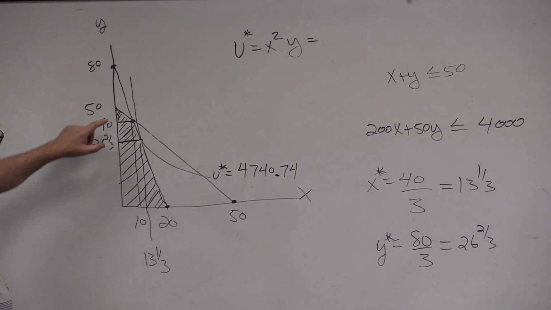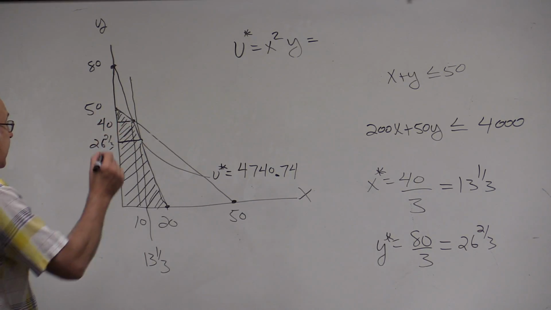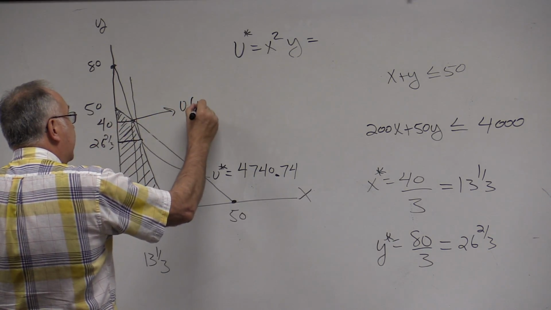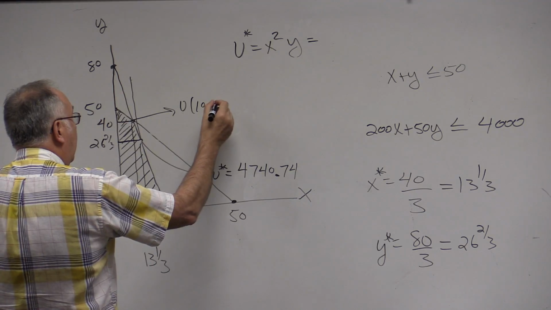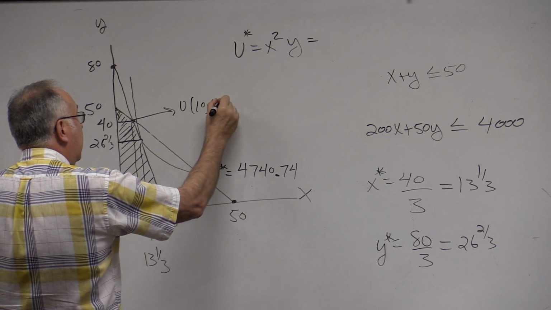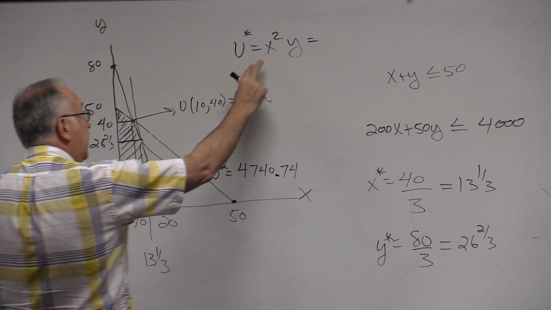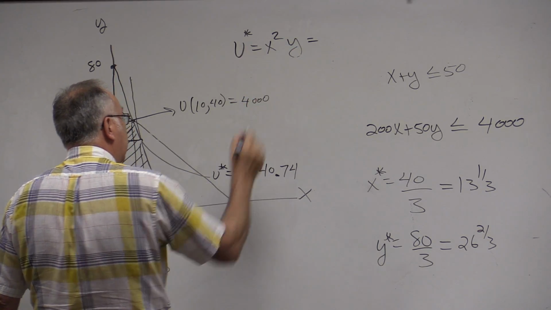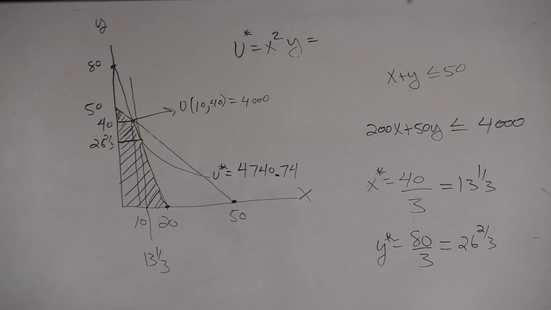If you find the utility at the kink point, x equals 10, y equals 40, this would be 100 times 40, which is 4,000, which is less.